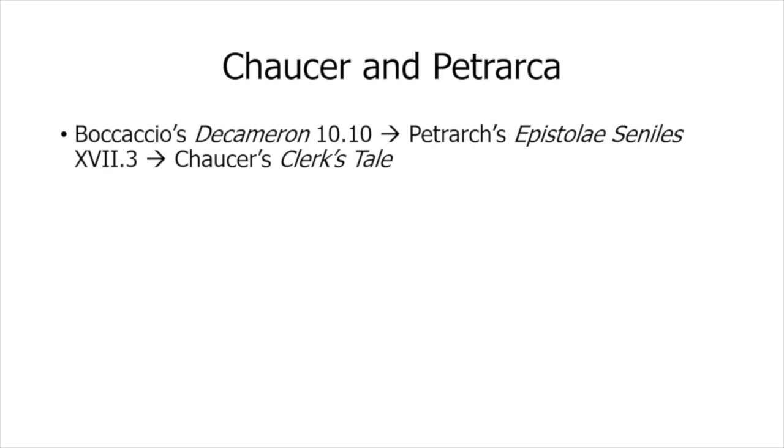And there's also a kind of political element to this, because Boccaccio is writing in Firenze, which was a republic. It was not a monarchy. Petrarch is writing under the patronage of the Visconti in northern Italy, which was a kind of dictatorship. And so some critics would say that Petrarch is basically rewriting Boccaccio's Republican text to make it more patriarchal and more in line with the authoritarian values of the Visconti dictatorship.